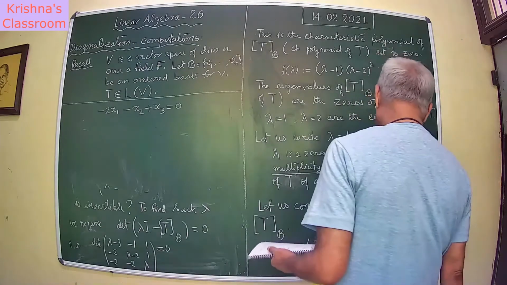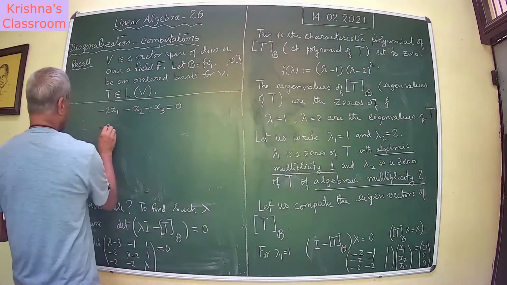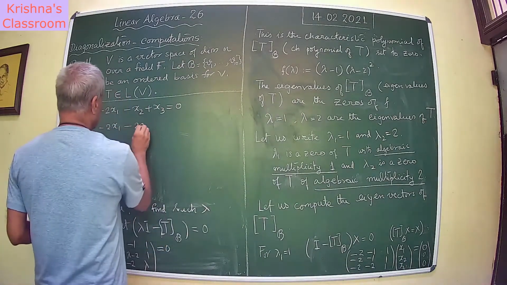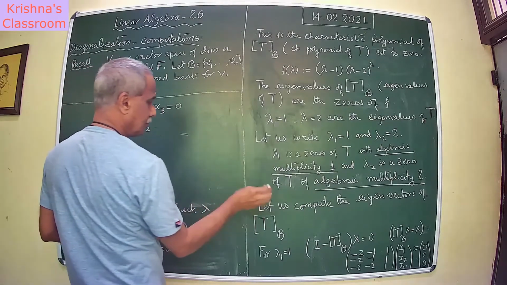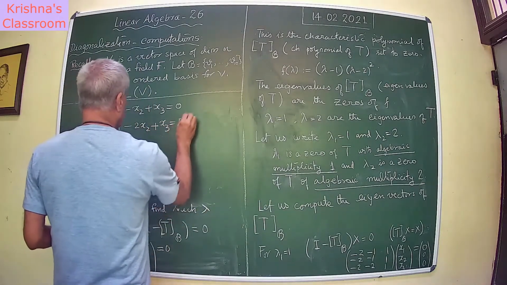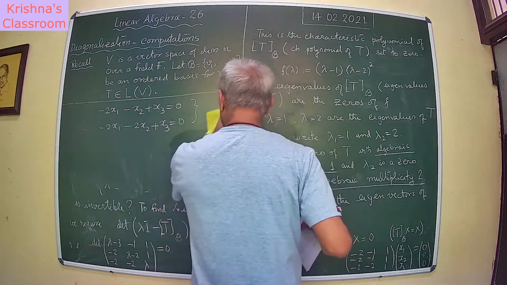The third row is minus 2x1, minus 2x2 plus x3 equal to 0. So we are looking for solutions of this.